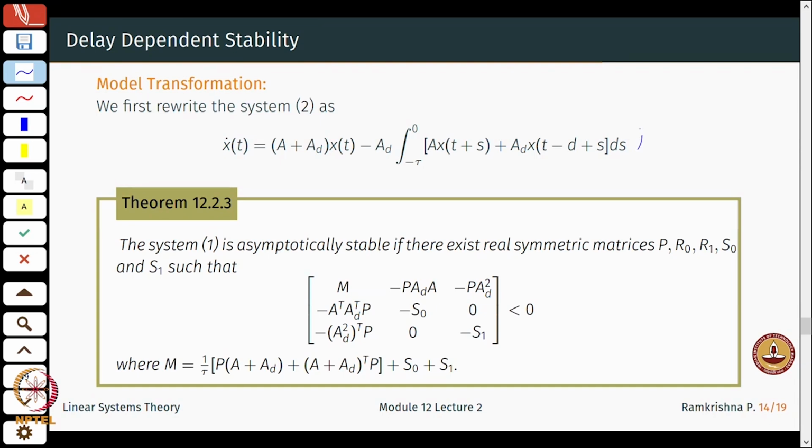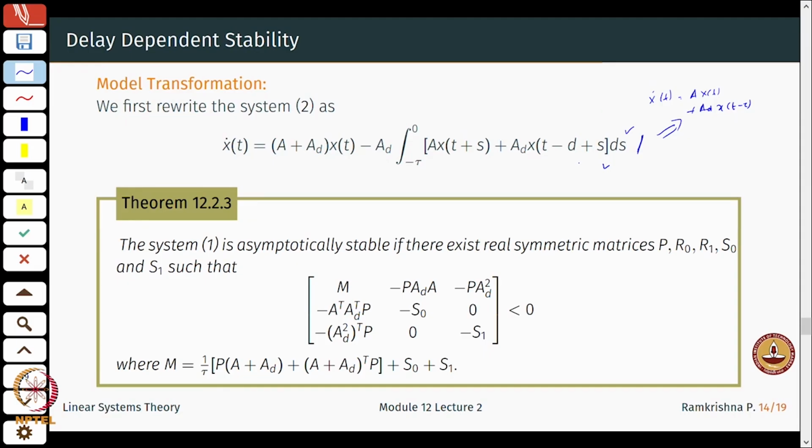I'll skip these steps. I do a system transformation here such that when this system is stable, the original system, x dot t is A x t plus AD x(t minus tau), is also stable. The converse may not be true, and therefore this transformation adds a bit to the conservatism of the results, but we will not at the moment worry about that.